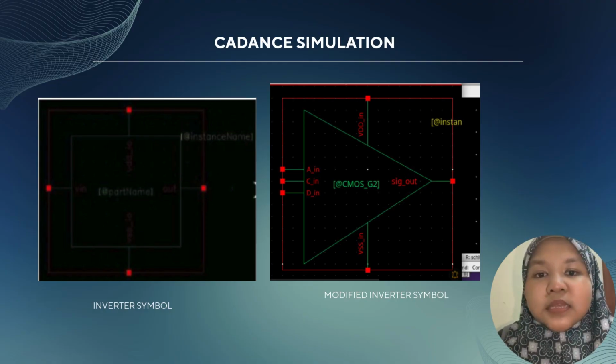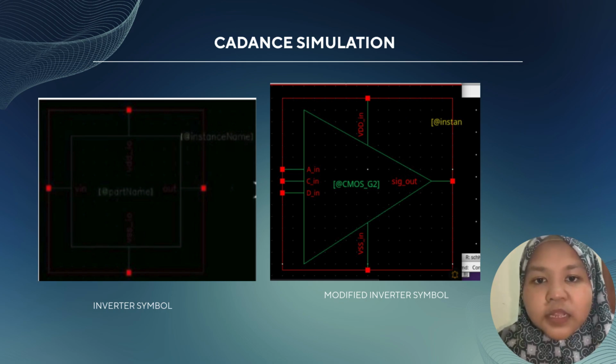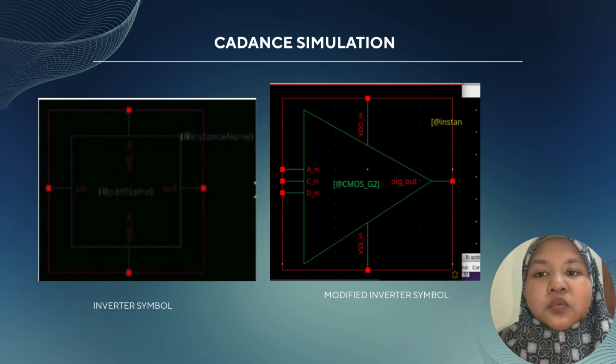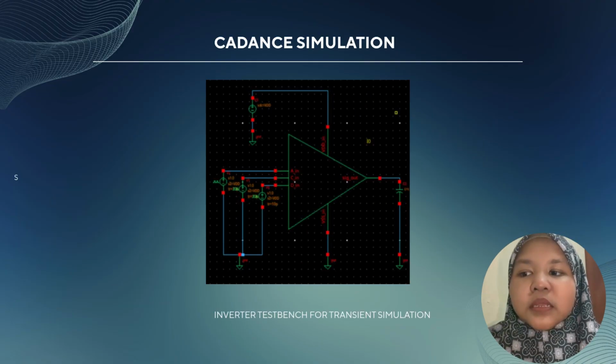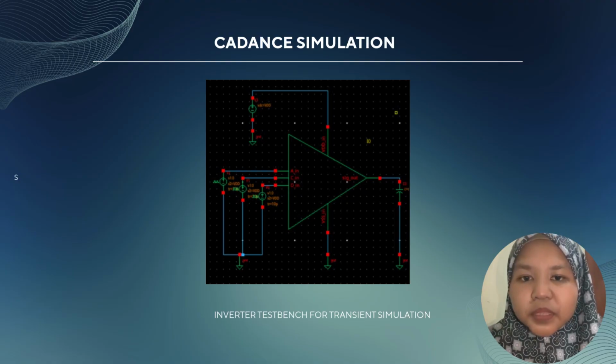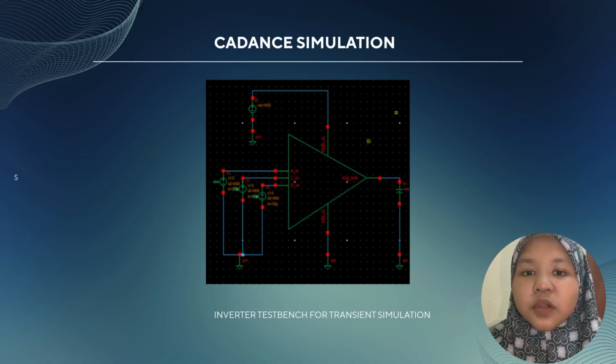As we can see here, we have three inputs, which are A, C and D, VSS, VDD, and also the signal to output for this inverter. After we modified the inverter test bench for transistor simulation, we got this. This is the transistor test bench that we have already modified.